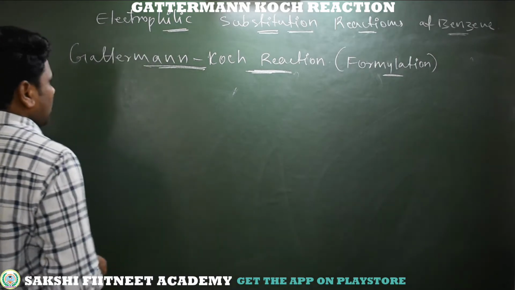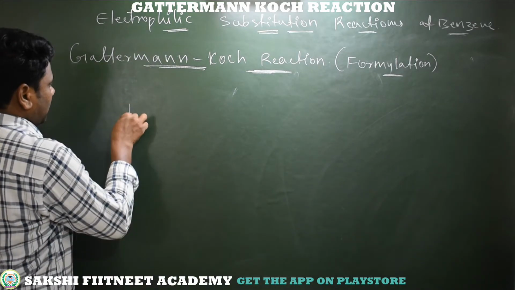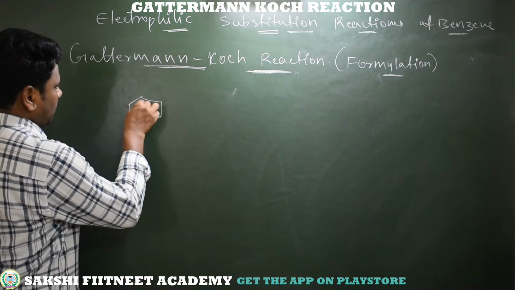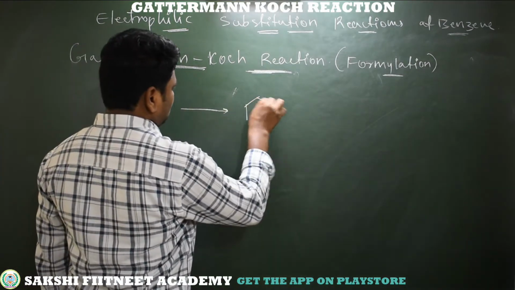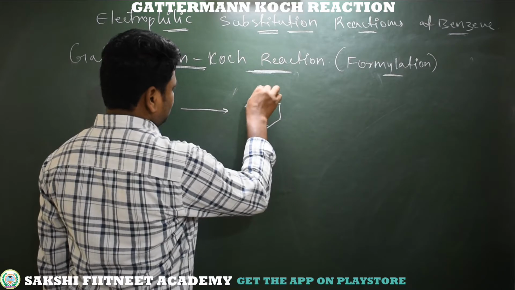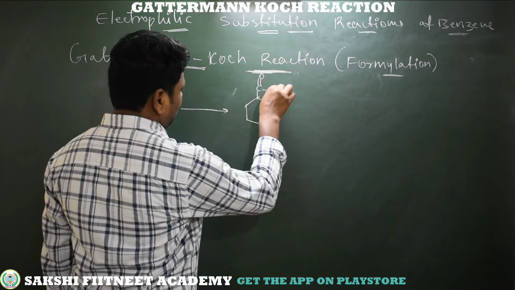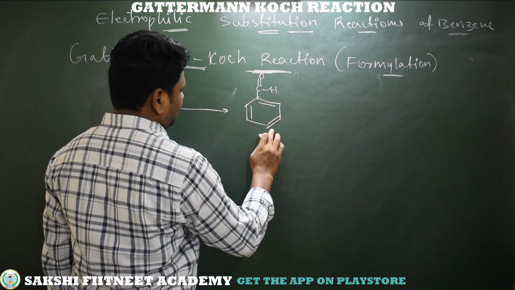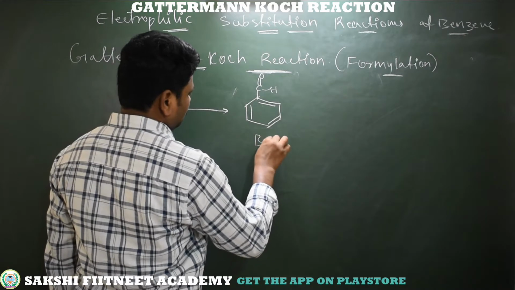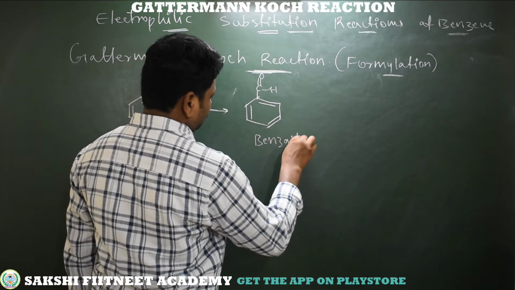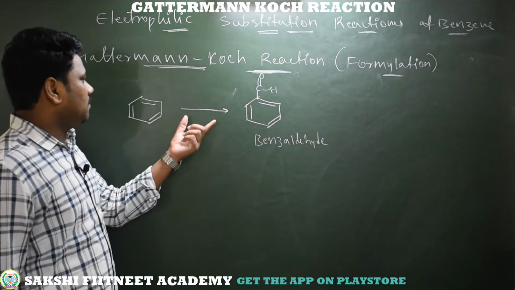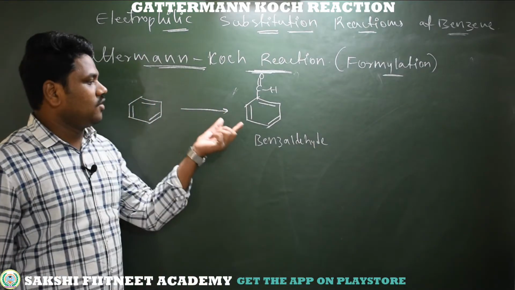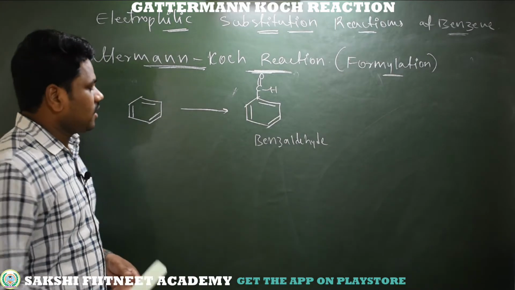Gattermann-Koch reaction. So actually we are converting benzene ring into benzaldehyde. So here this is the reaction path, R-C double bond OH, it's a benzaldehyde. So what about the reaction mixture in which benzene is converted into benzaldehyde?